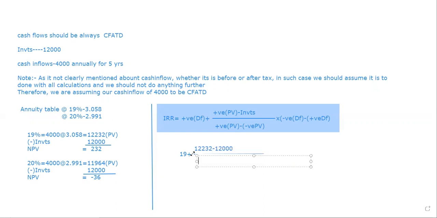That divided by, again I'm going to go with the same formula, positive present value minus negative present value. So how much is the negative? 11,964. That we will multiply with the negative discounting factor, which is 20, minus the positive discounting factor, which is 19. So this is how. Now I am going to apply here.